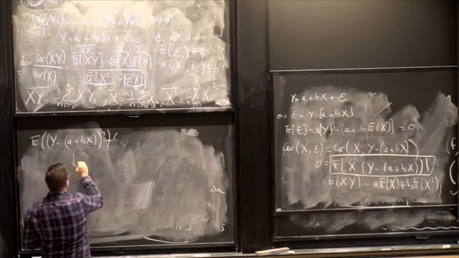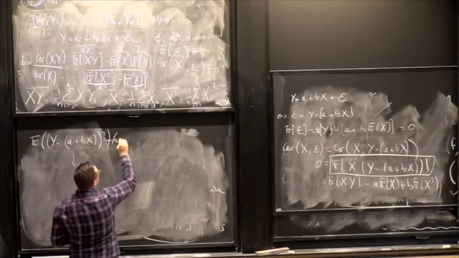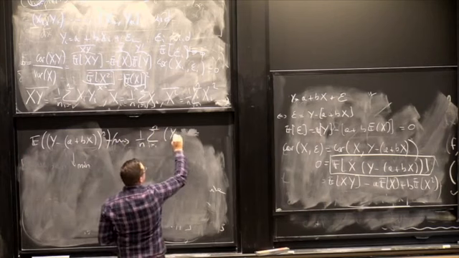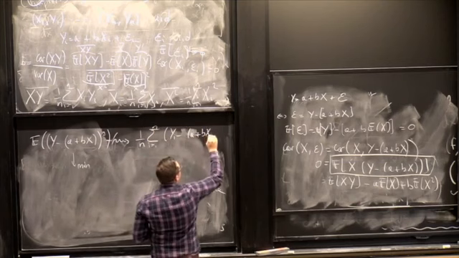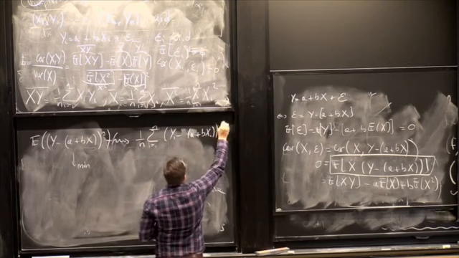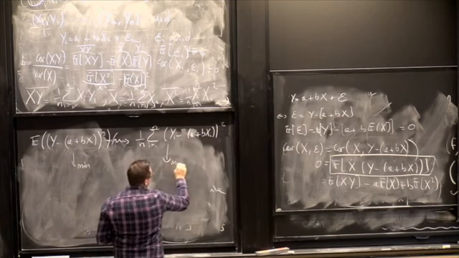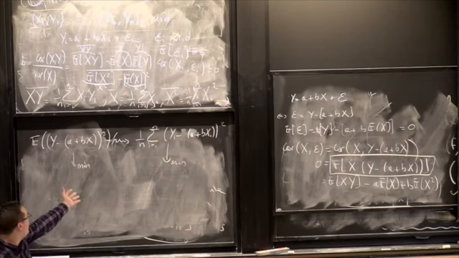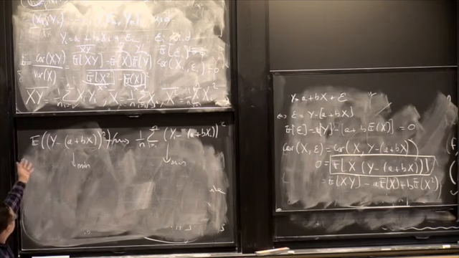Well, let's replace this by an average first, and now minimize. If I do this, it turns out I'm going to get the same result. When I replace the expectation by the average and then minimize, it's the same thing as first minimizing and then replacing expectations by averages, in this case.